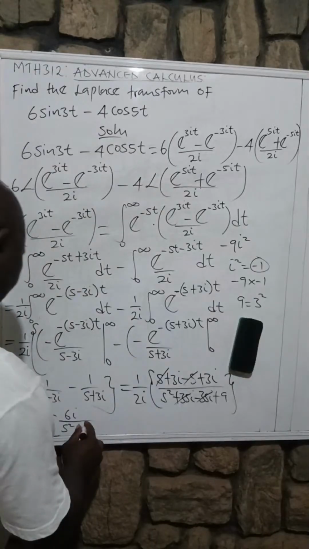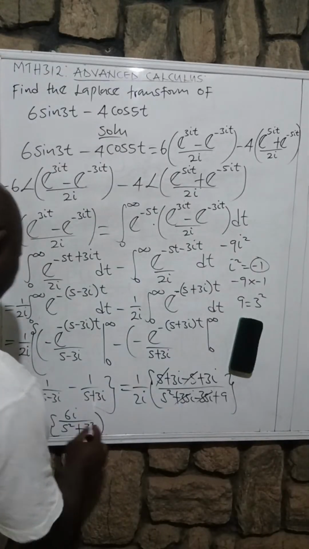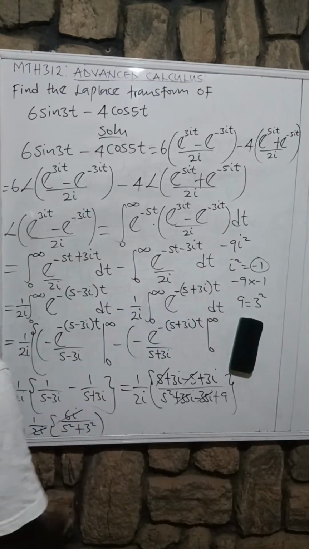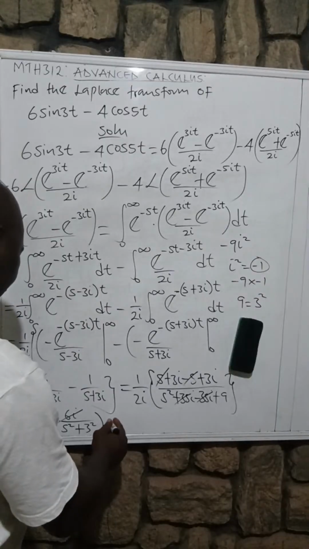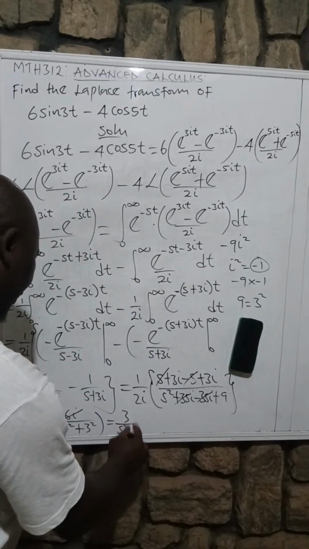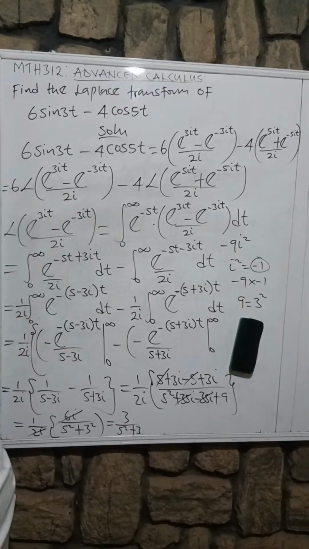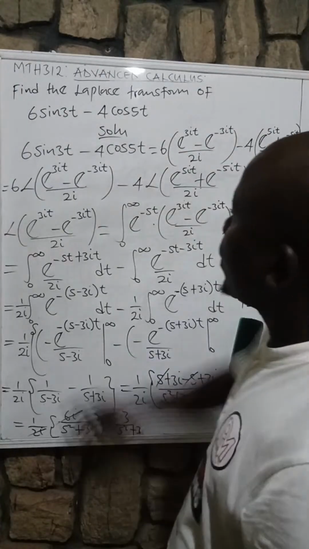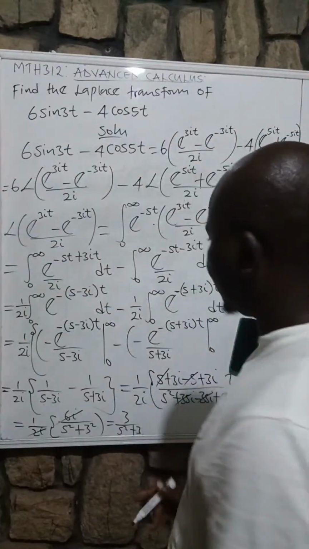So s squared plus 3 squared. Then 2i to 6i is 3, right? So here will be 3 all over s squared plus 3 squared. But mind you, don't forget, we have 6 here.